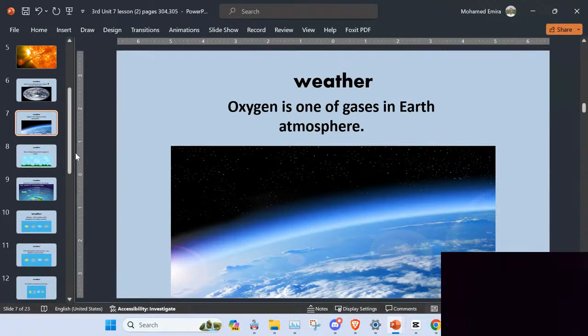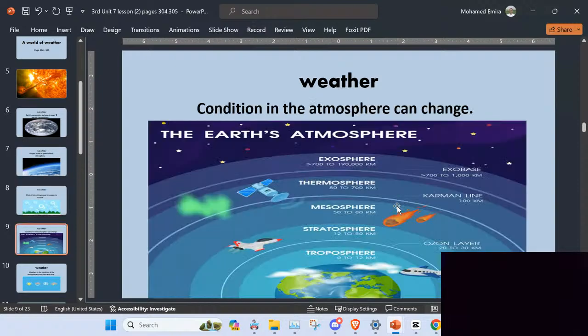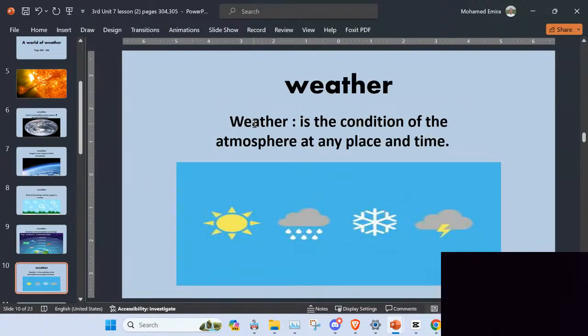So, generally, a change of the weather is also a change of the atmosphere. Conditions in the atmosphere can change based on the change of the weather. That's why in the book, the definition of weather is the condition of the atmosphere at any place and any time.